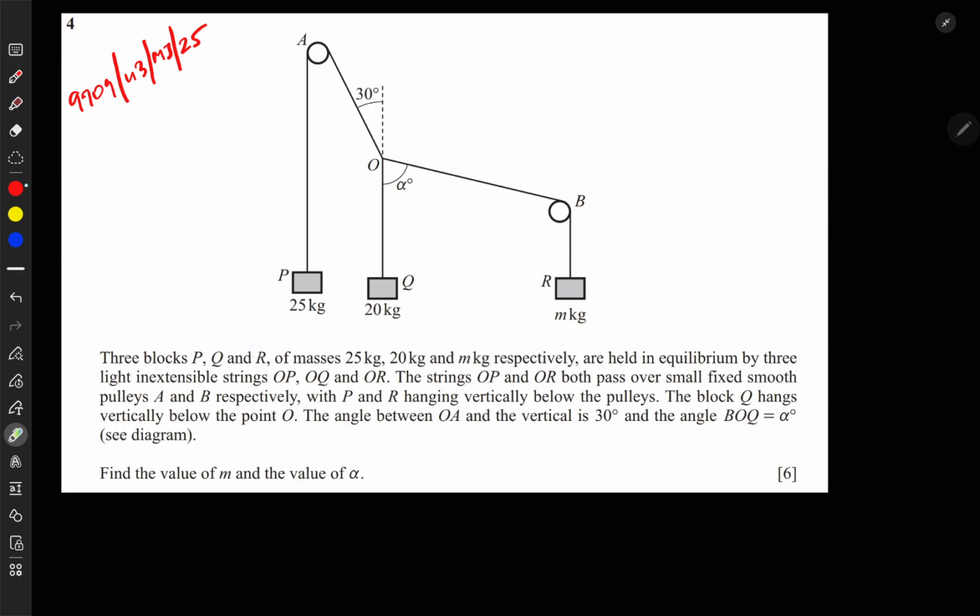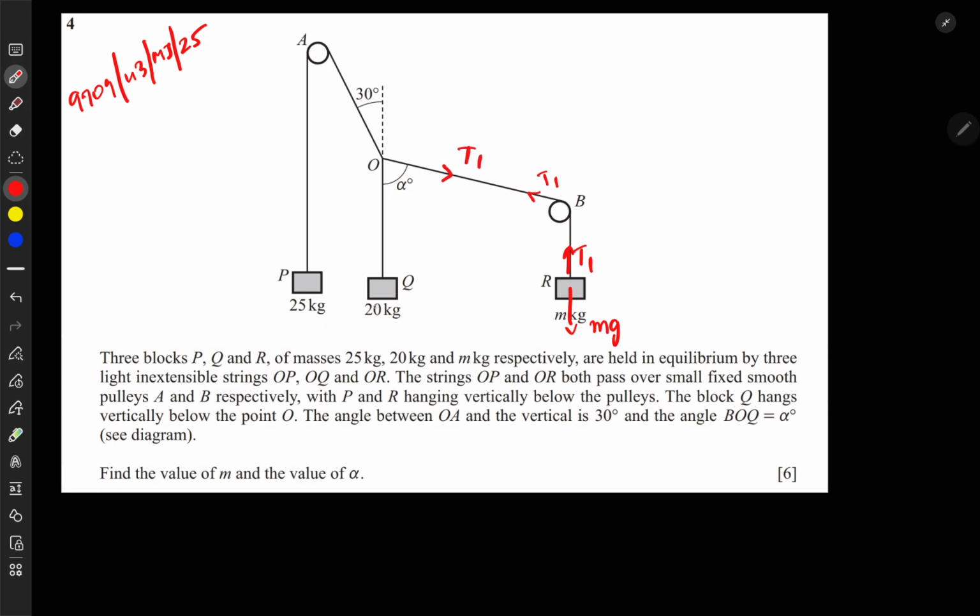Let me draw the forces acting at this point. One is mg, and in turn we'll have a tension force T1 here. Since T1 is here, here also I'll have T1, and in reaction I'll have T1 here.